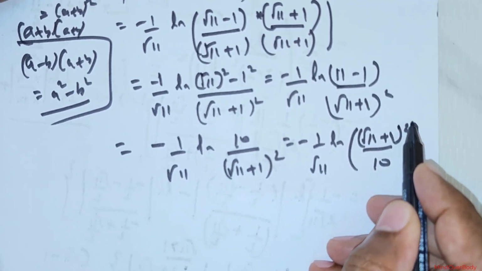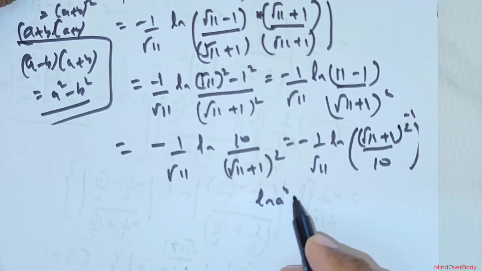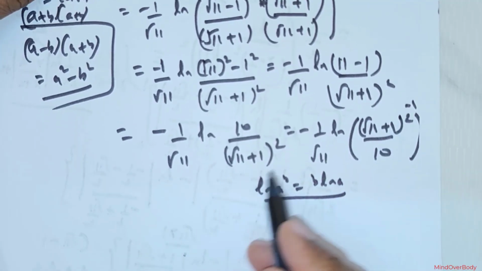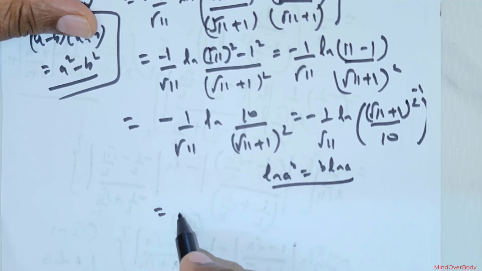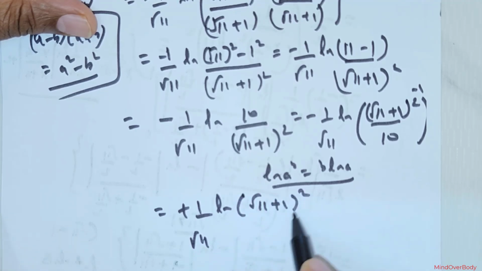So let me write like this, negative 1. Okay, so there's a formula, ln a raised to the power of b is equal to b times ln a. By that formula, I can bring this negative 1 over here, that will become positive. So it's going to be 1 over root of 11 ln of root of 11 positive 1 raised to the power of 2 divided by 10.